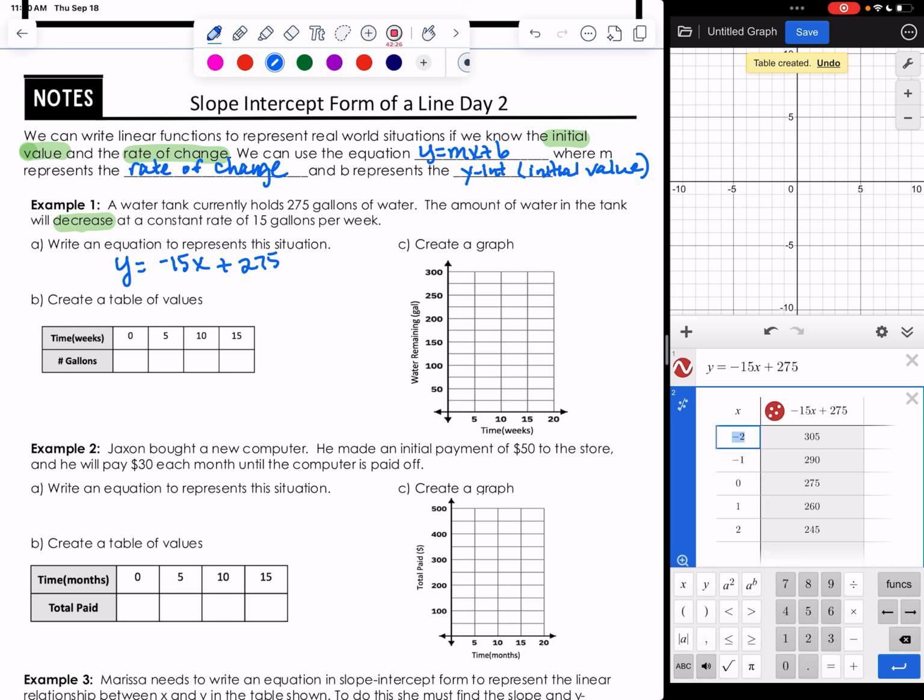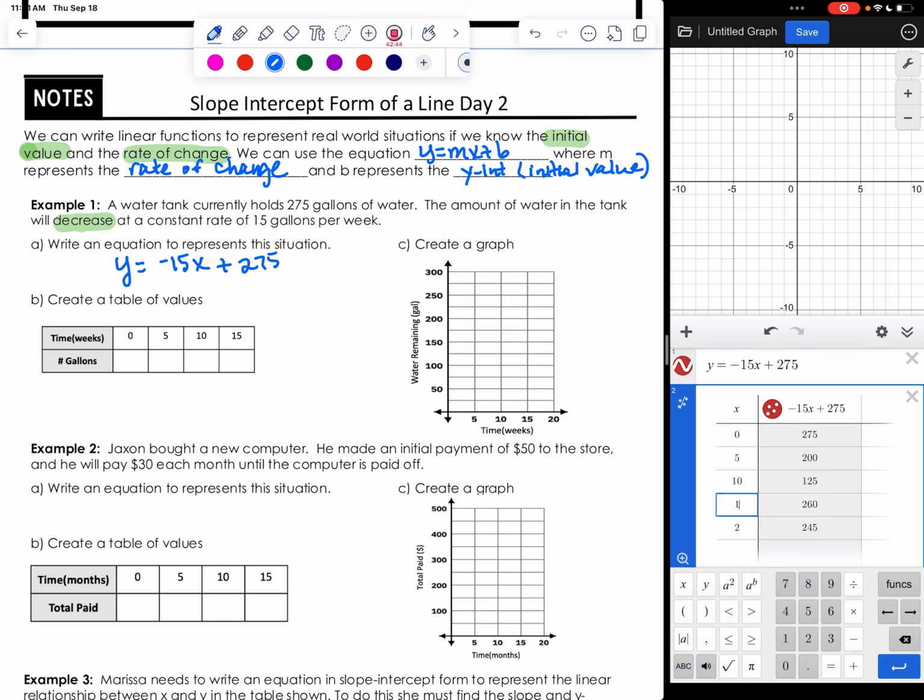And these values that come in pre-filled, -2, -1, those are not really the values we want. So I'm going to replace them with the values we want, which is 0 weeks, 5 weeks, 10 weeks, and 15 weeks. Okay, we don't really need anything else than that.